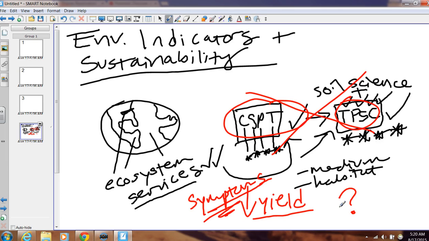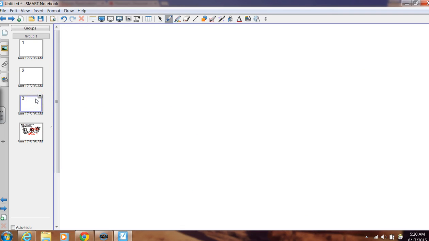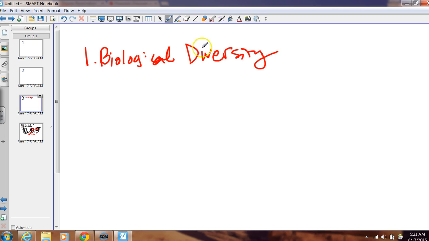So what are these indicators that I keep talking about? So working backwards here. One of the biggest things is biological diversity. And biological diversity is covered on page 9, so you have to read up on that.